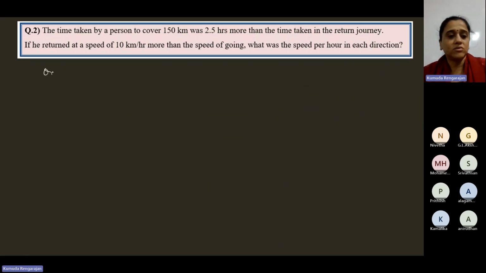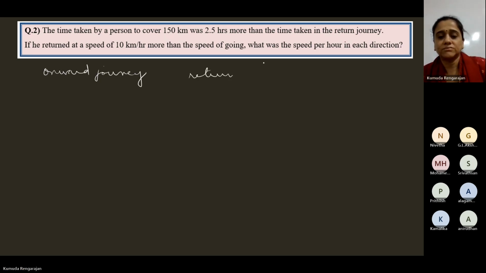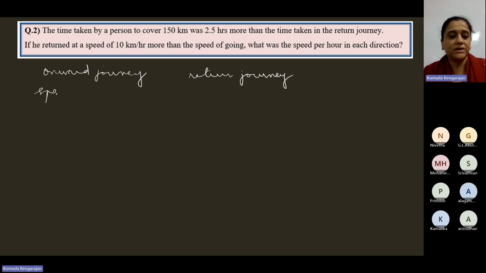Okay, so onward journey, return journey. All right, onward journey, speed x; return journey, speed x plus 10 kilometers per hour.